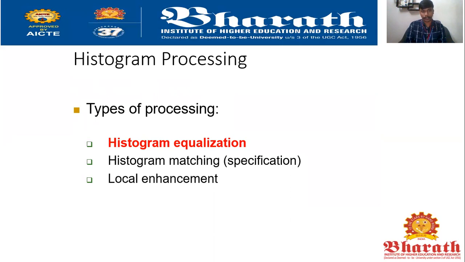So histogram processing comes under the topic called digital medical image processing. Wherever digital medical image processing applications process an image with a graphical representation, we need the technique called histogram.